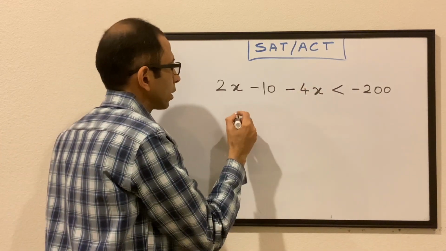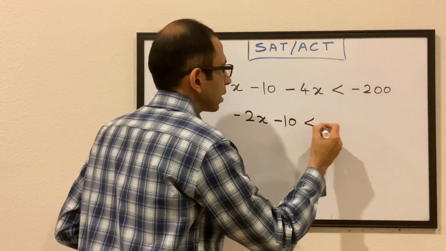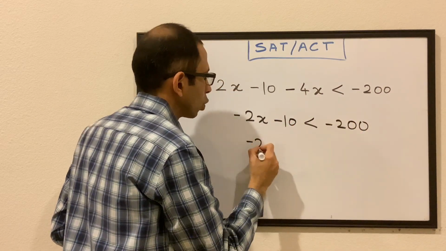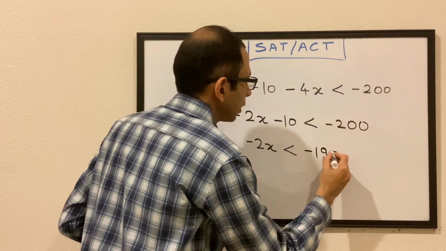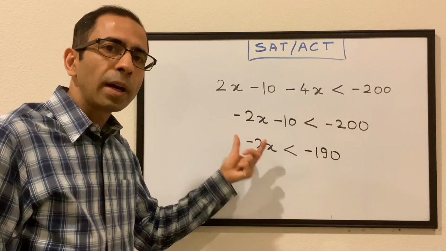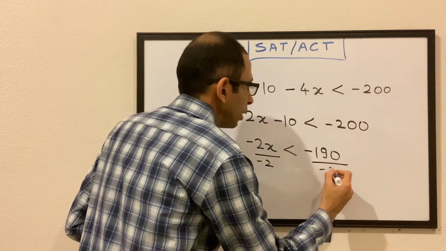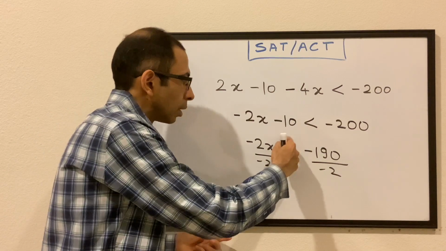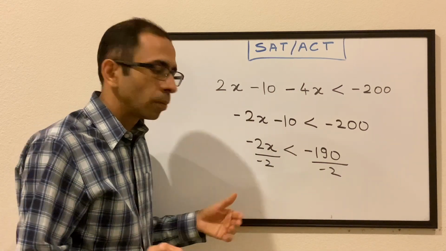We'll combine the like terms: minus 2x minus 10 is less than minus 200. Move 10 to the other side, so minus 2x is less than minus 190. And now we would have to divide by minus 2 on both sides. The moment we divide any inequality by a negative number, the sign of the inequality flips. That's the only catch we need to be aware of.